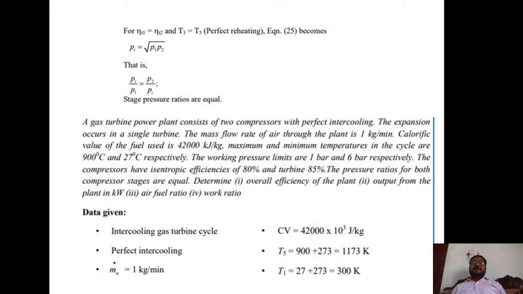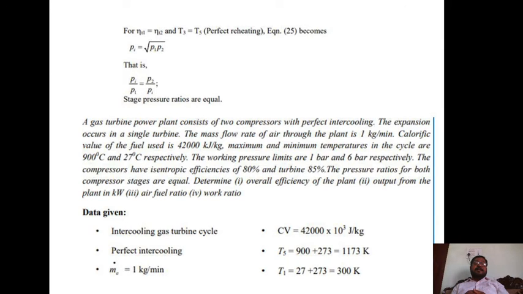Determine the overall efficiency, the output from the plant in kilowatts, air-fuel ratio, and work ratio. Before going to any problem, as I said in previous cases, you study the problem twice, by understanding the notations and the diagrams, and then you go on writing the data given.